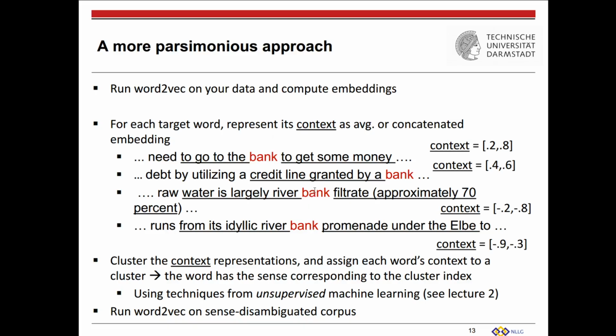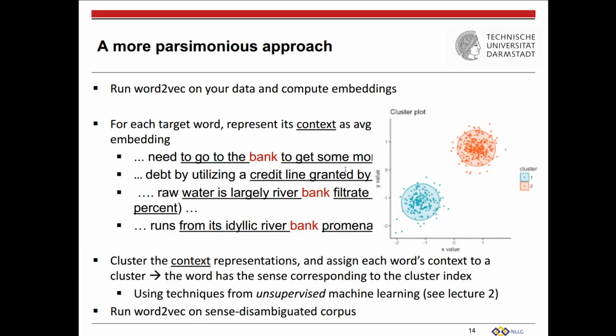And now that we have sense disambiguated our bank, we could run word2vec on this sense disambiguated corpus and get vector representations for each sense of the word. And of course we would have to do that with all the words in our vocabulary. I mean, this would be pretty expensive, but in principle this is an approach that could be done.